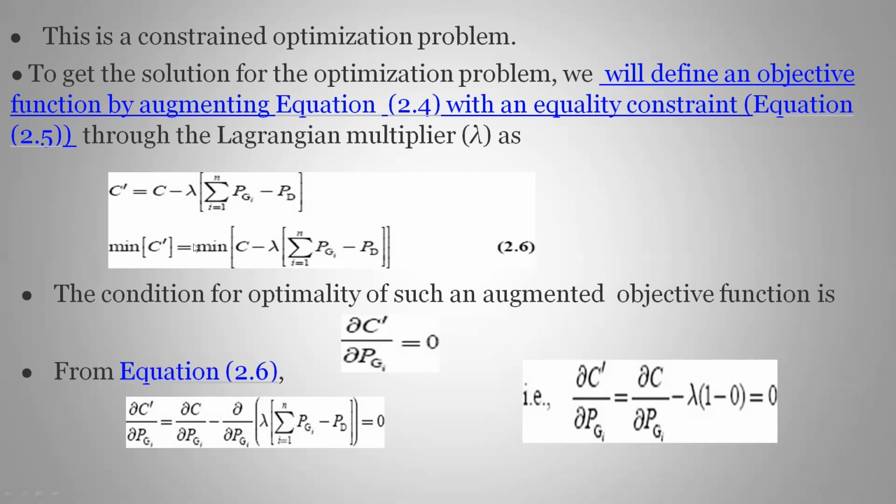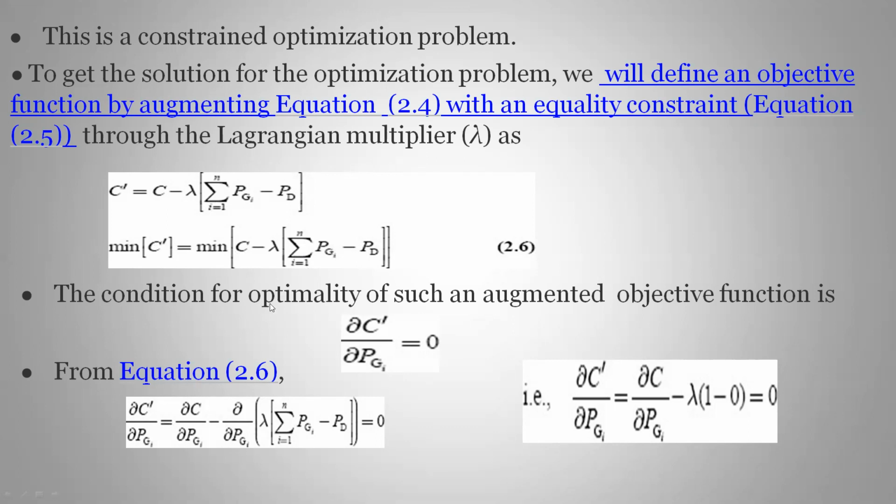So to minimize the optimization problem, minimum of C' is equal to minimum of C − λ(Σ i = 1 to n PGi − PD).